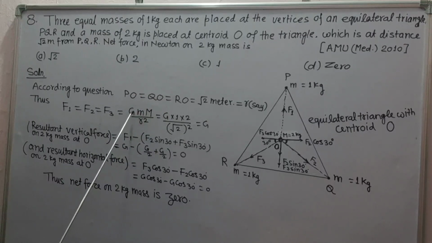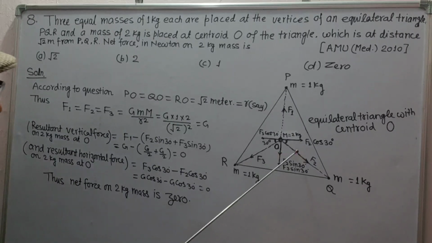So it is equal to G, small m is 1, capital M is 2, upon root 2 square, which gives G. So the magnitude of F1, F2 and F3 is equal to gravitational constant G.